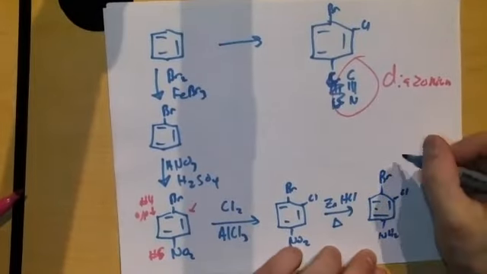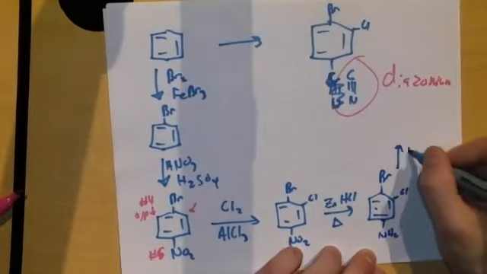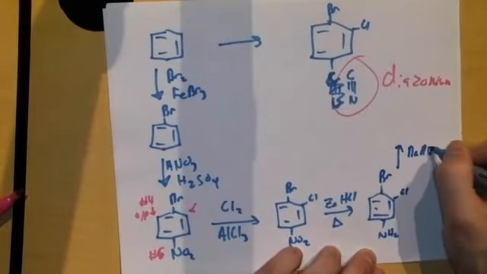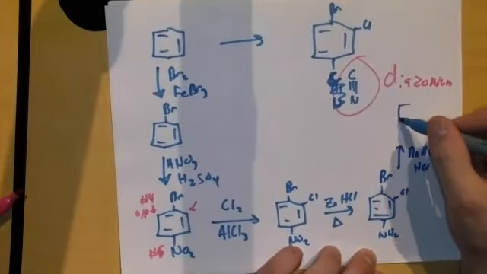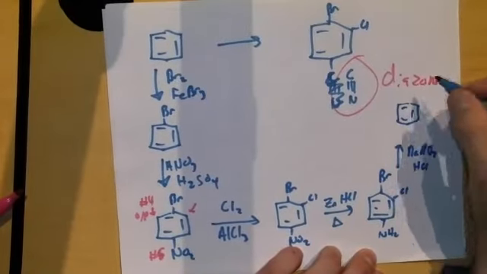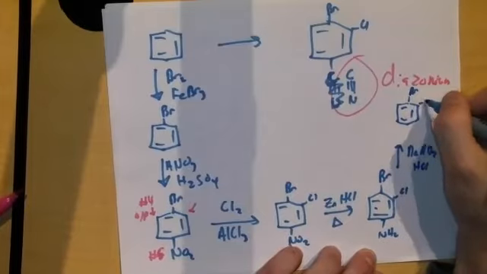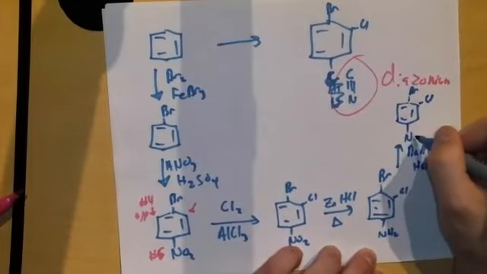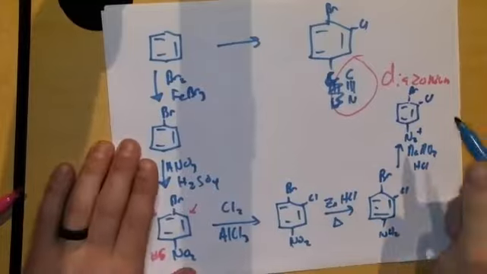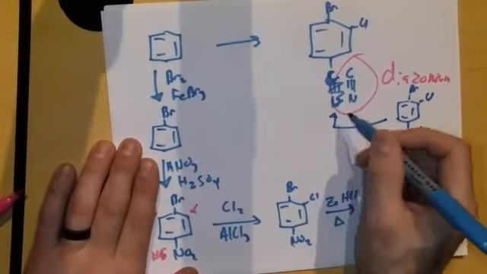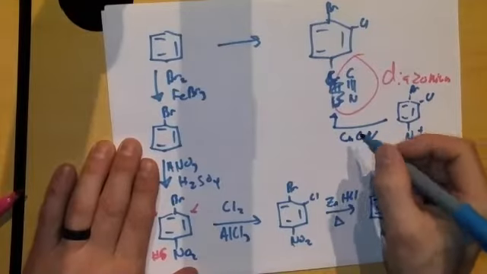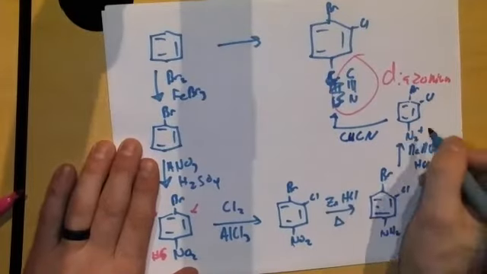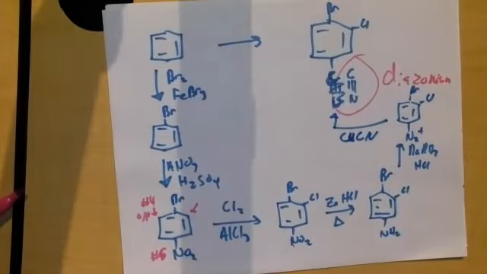We can add in NaNO2 and HCl to make our diazonium, and then CuCN will let us replace this diazonium with a nitro group.